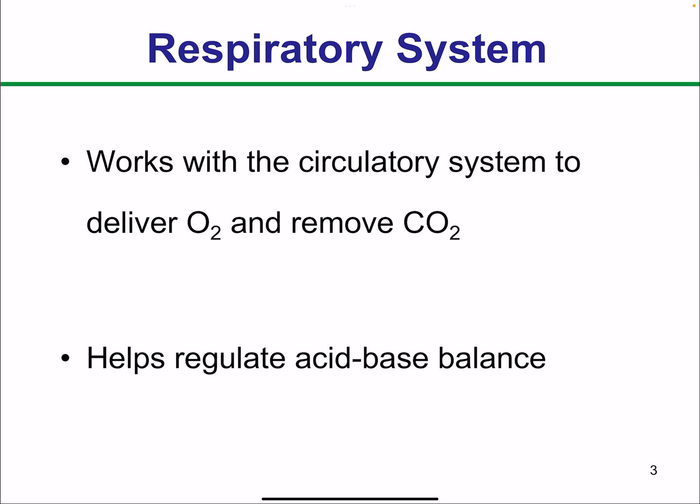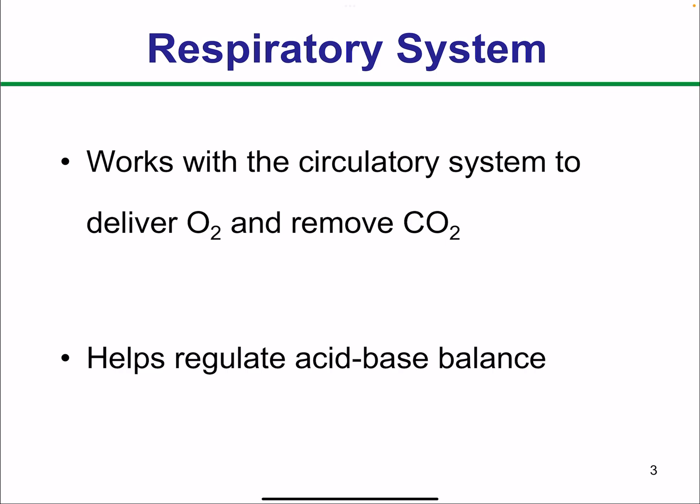As we breathe air in, oxygen is taken up, goes into the blood, and that oxygen is going to be sent to different organs where cellular respiration needs to occur. As a byproduct of that cellular respiration, we're going to have a release of carbon dioxide.